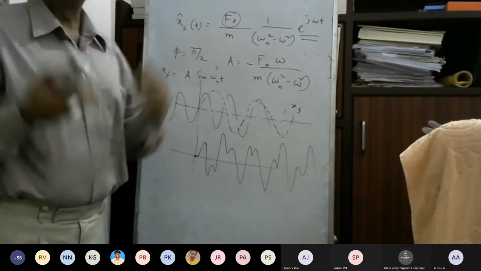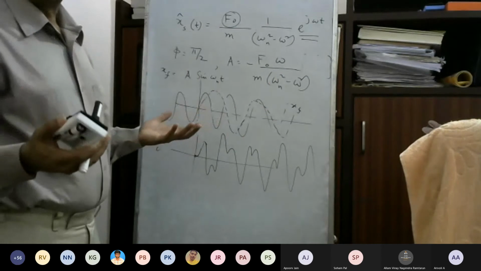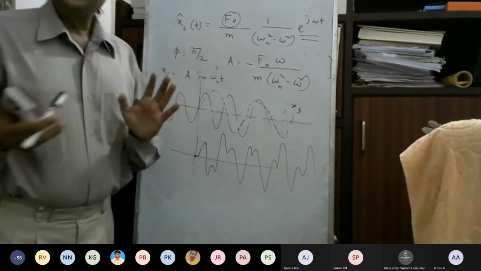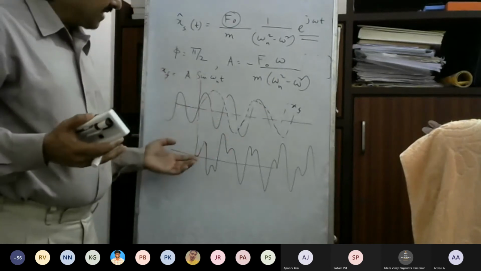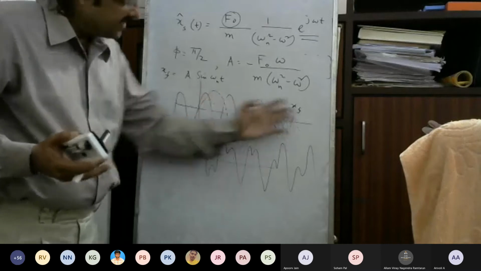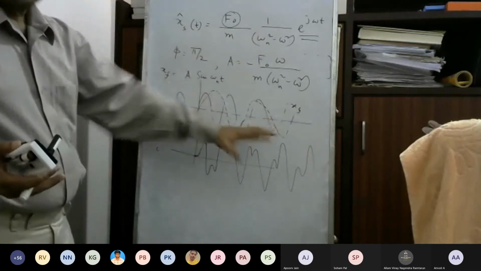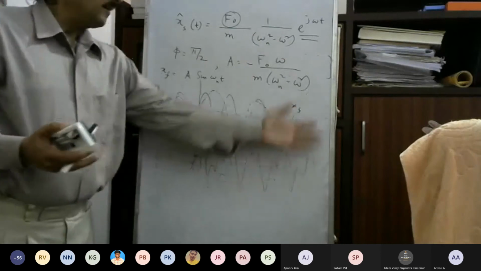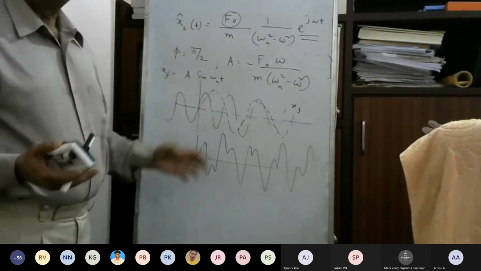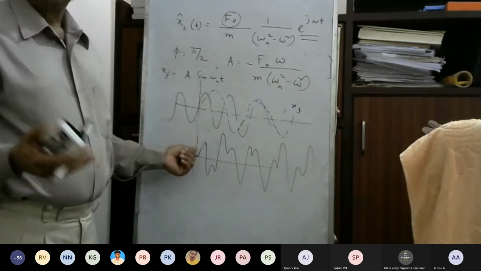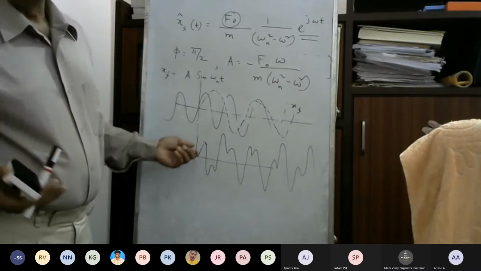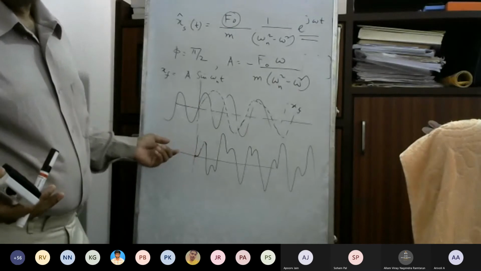But it knows that it has to start from that particular initial condition. So the response will be such that this initial condition is satisfied, and then it is driven by a harmonic force, so it will have some motion, but this other harmonic component has to appear because the system has to satisfy this initial condition.